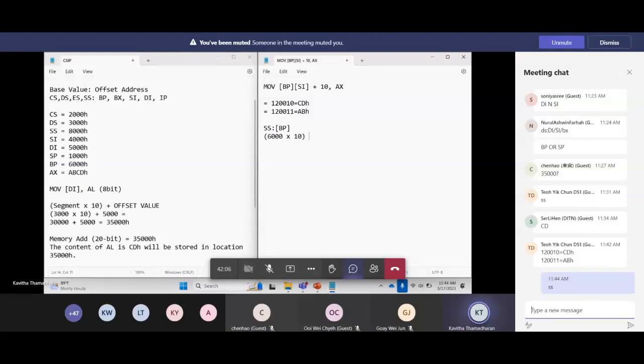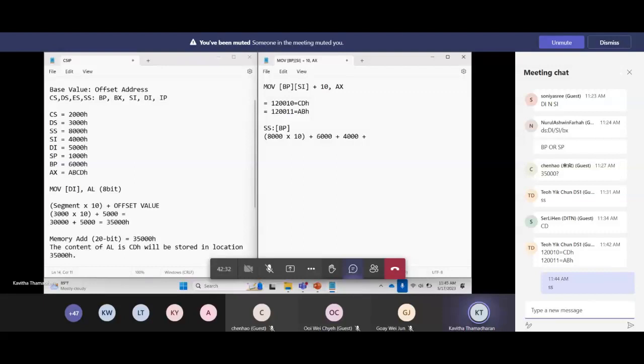So your answer should be SS times 10, and SS is 8,000, not 6,000. Plus your BP, which is 6,000, plus your SI, which is 4,000, plus this 10. I never write H over here, so this 10 is a decimal value.